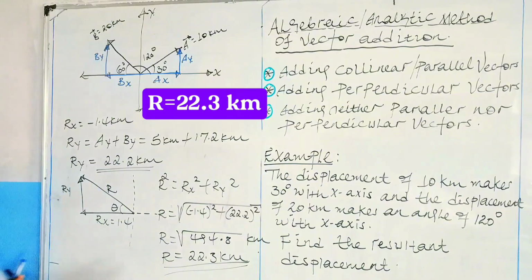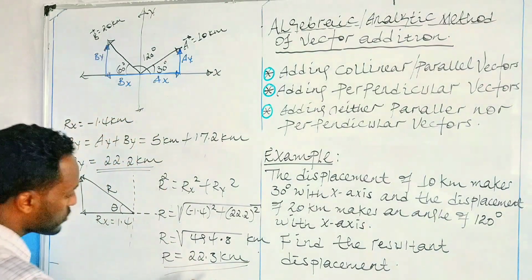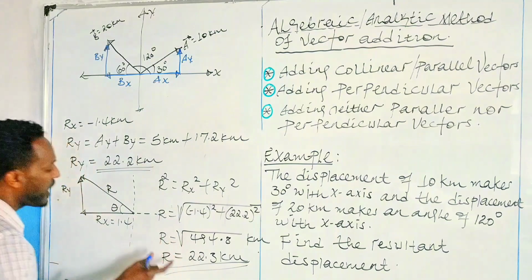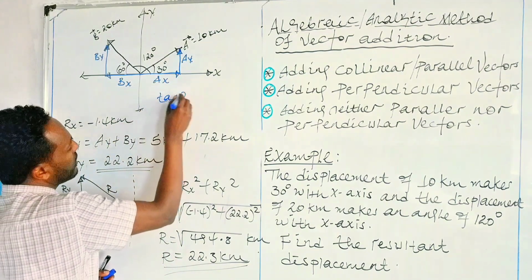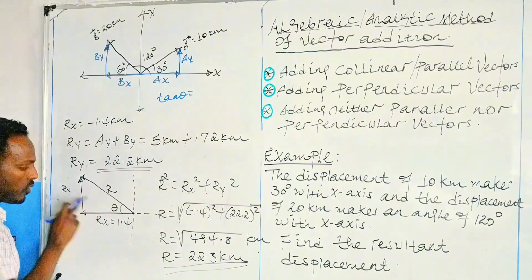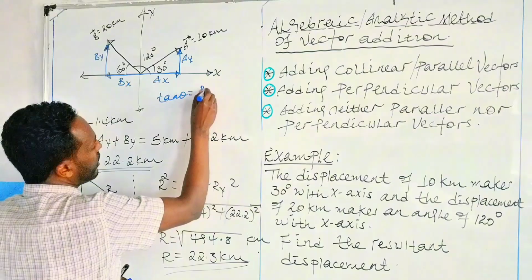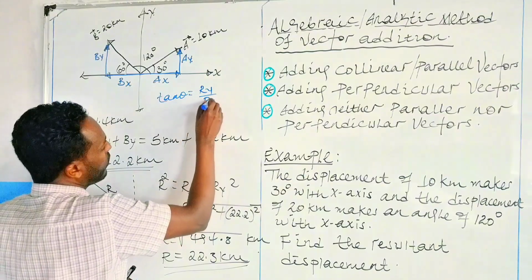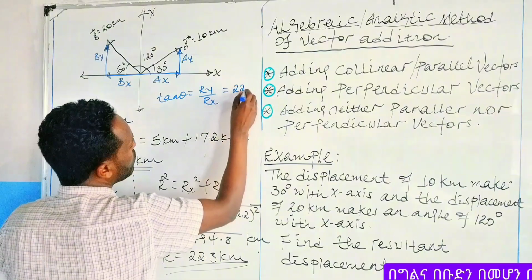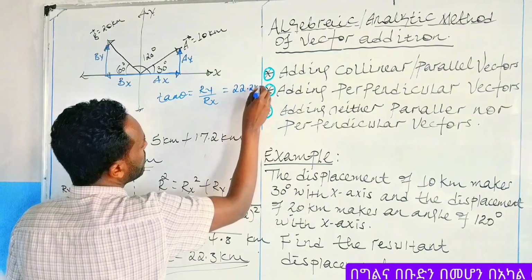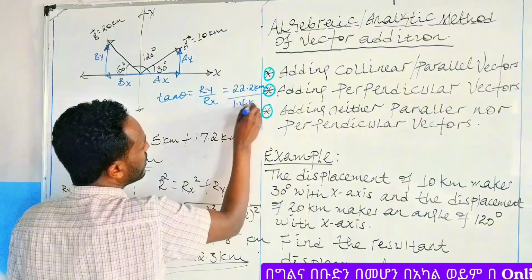What remains is the direction of the resultant vector. To determine the direction, we can use tan theta. So tan theta is equal to the opposite side over the adjacent side, which is the resultant along y over the resultant along x. Resultant along y is 22.2 kilometer over resultant along x, which is 1.4 kilometer.